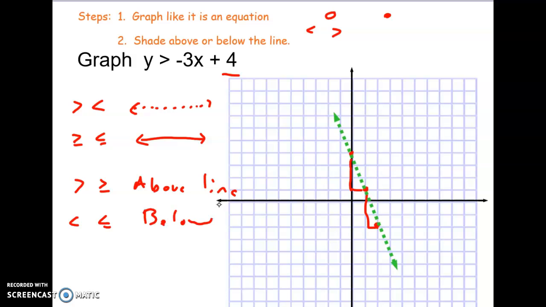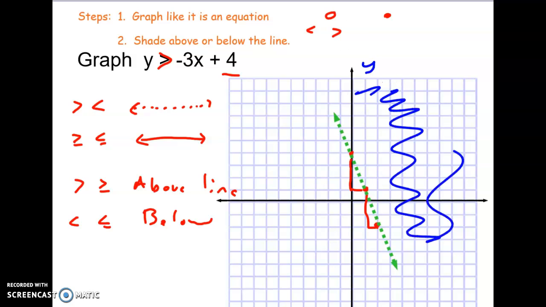It kind of makes sense: this is saying y is really big. We want big y values, because the mouth is eating y. So we want to go up here to the high y values. In this case, we just shade above. All the xy points out here are solutions to that particular inequality.